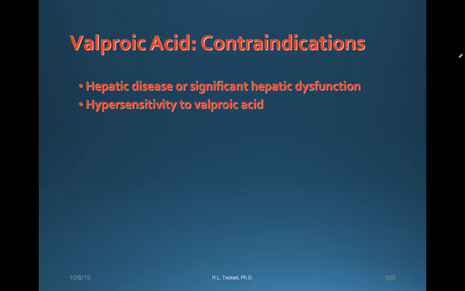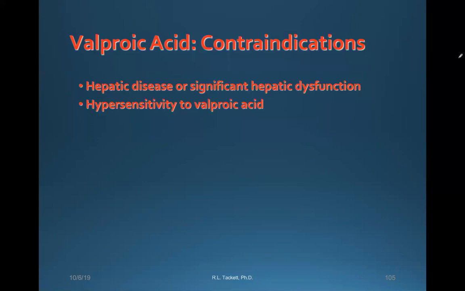So in this case, the prescriber has to make a benefit risk assessment. And by making that benefit risk assessment, you are going to make a decision, and if you do use it and it's considered contraindicated, you're going to monitor that patient very, very closely.